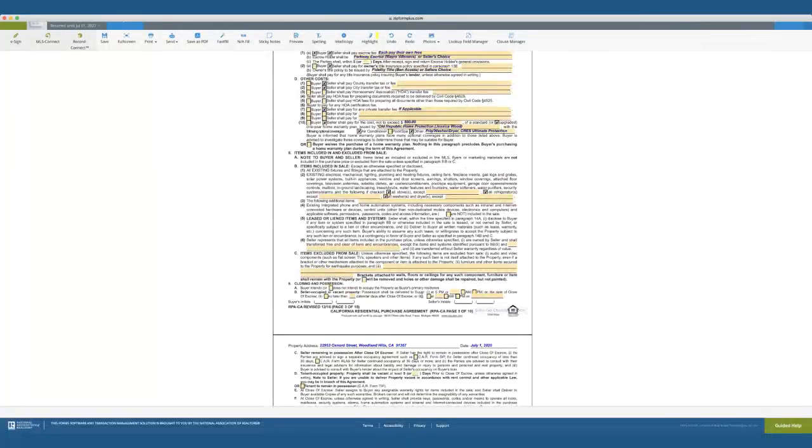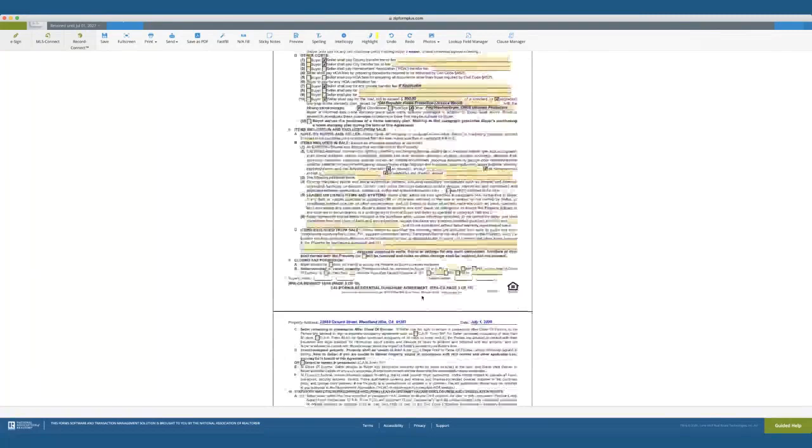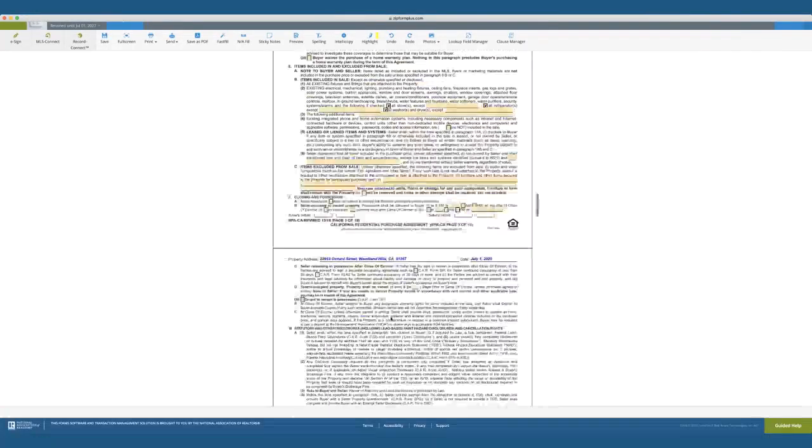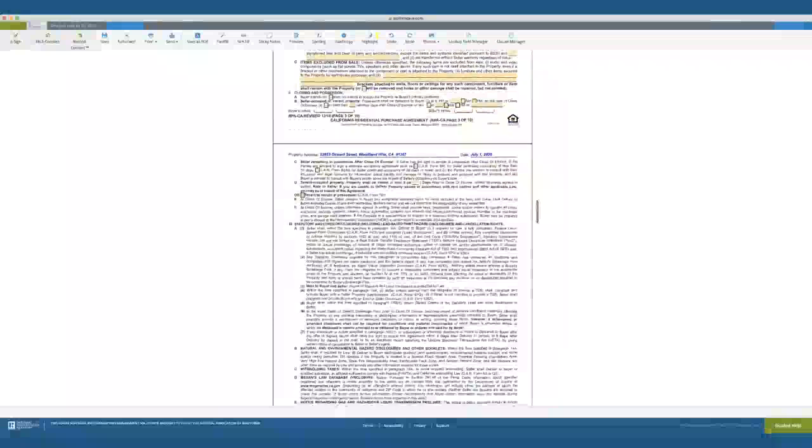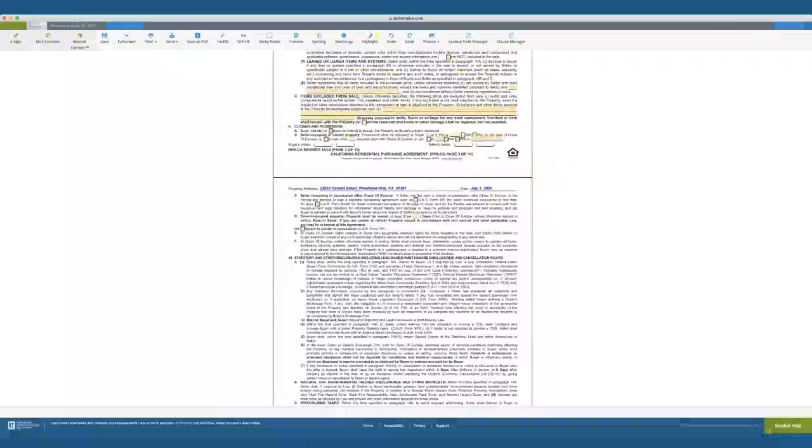As a matter of fact, they are going to change this in the new RPA, which now is not coming out for another year, but it has been changed to at time of recording. But you can add that to here. You can say at time of recording. Most listing agents, though, will give you the property at the time of recording.